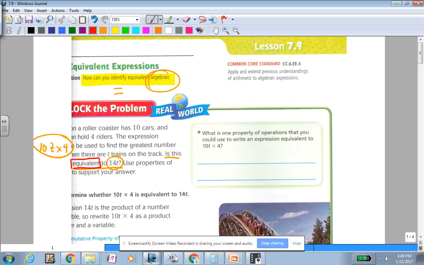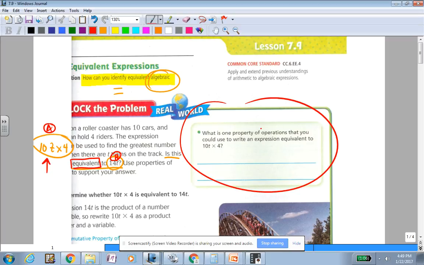We know we're looking to find whether this first expression, which we'll label as A, is equivalent to the expression 14t. This box gets us ready to solve the problem. The question posed says, what is one property of operations that you can use to write an expression equivalent to 10t times 4?